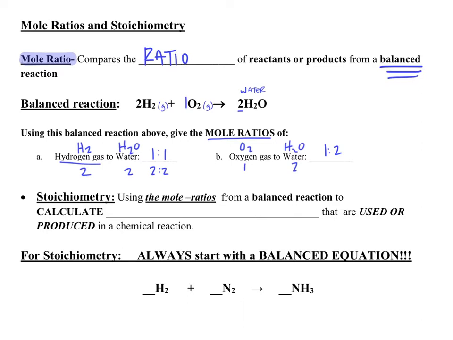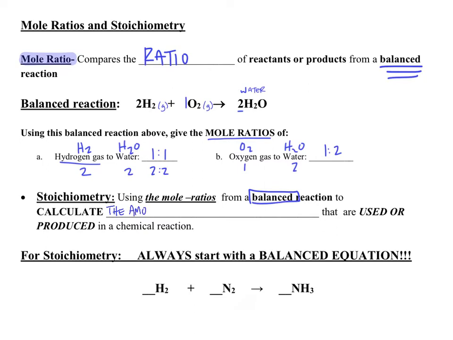That's all that says. So stoichiometry, we're going to use those mole ratios from a balanced equation, like I mentioned before. That's very important. And we're going to end up calculating the amounts of reactants or products. So give me a second to write this.